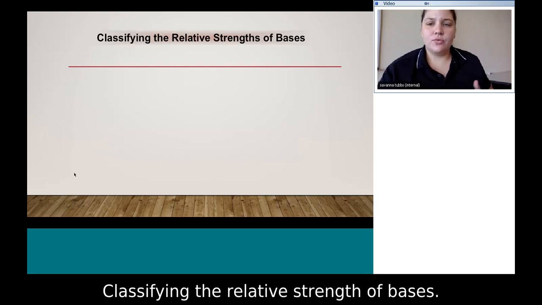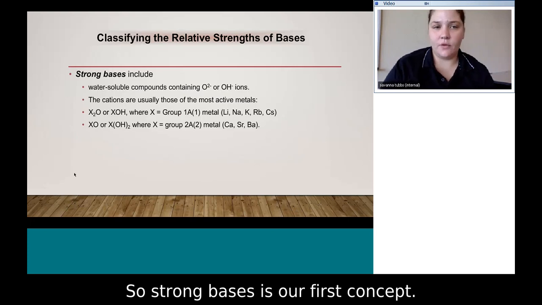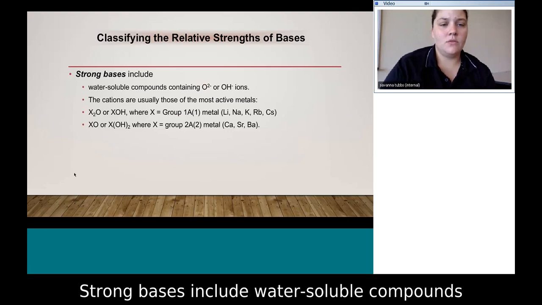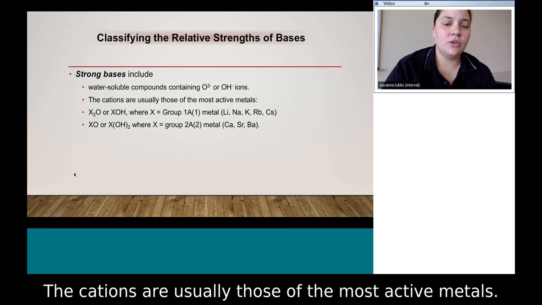Classifying the relative strengths of bases. Strong bases are our first concept. Strong bases include water-soluble compounds that contain O2- or OH- ions. The cations are usually those of the most active metals.